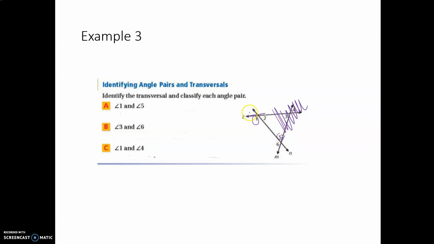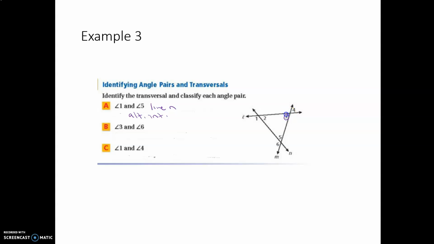Those are alternate interior. So your transversal would be N, and they would be alternate interior angles. Now, unfortunately, I have to go back and erase all this so that we can do the next one. But cover it up with your hand. That's what I'm trying to show you there.